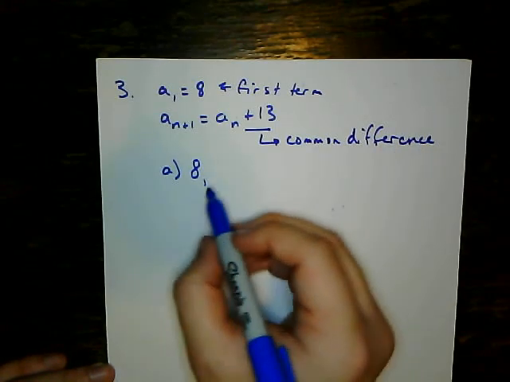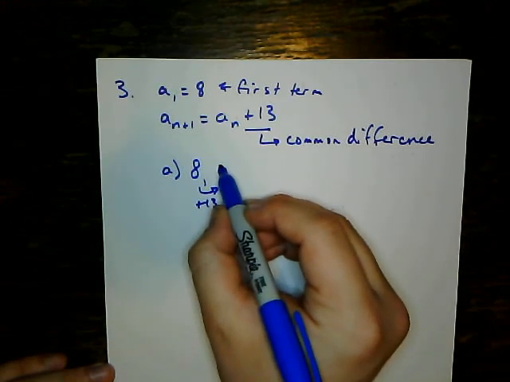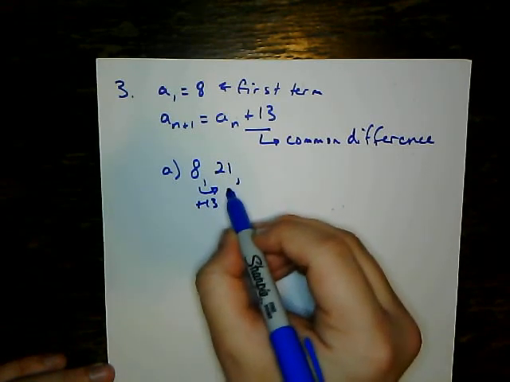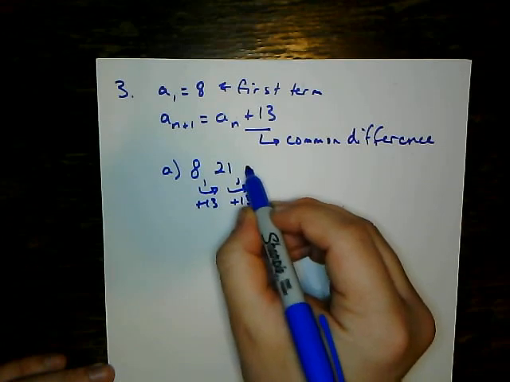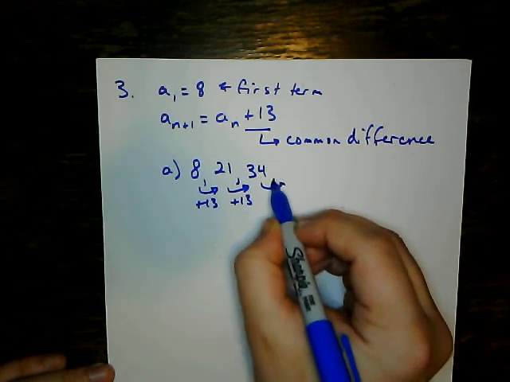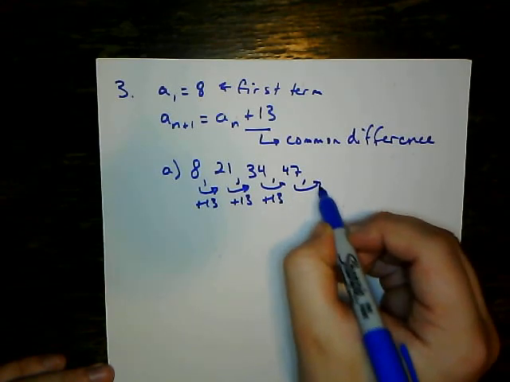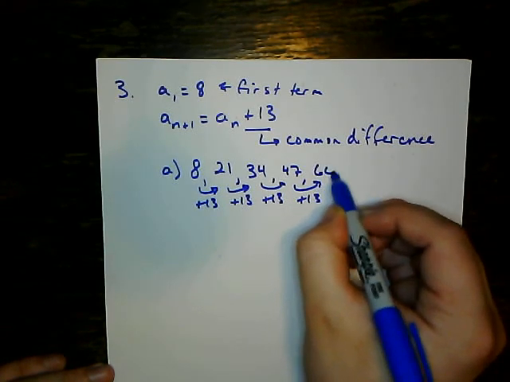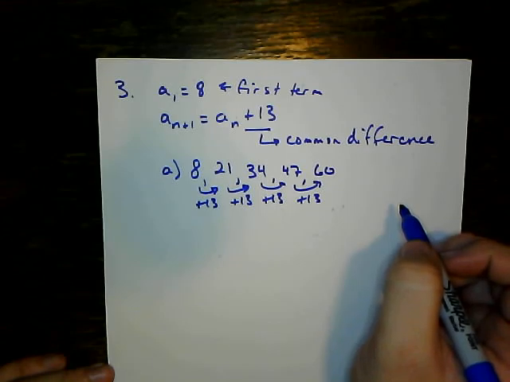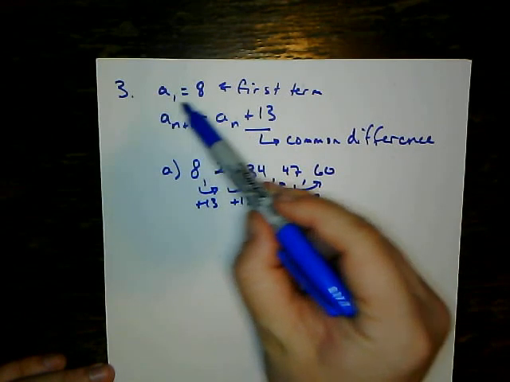So we're adding 13 each time. So plus 13, that's 21, plus 13, 34, plus 13, 47, and for our 5th term, plus 13 gets us 60.